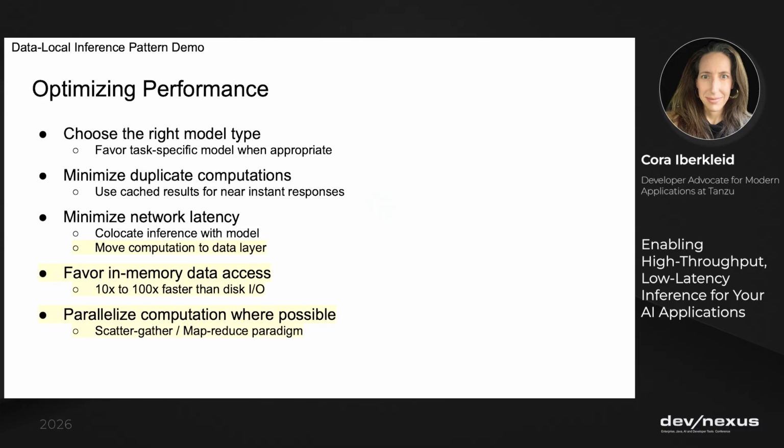So here we're seeing, in terms of the paradigms for optimizing performance, in addition to the ones that we already saw in case 1, we also have moving the computation to the data layer, which we're doing by running this function in Gemfire. We're favoring in-memory data access. So we could be doing this with a data platform that does disk access, but we don't want that, right? We want something that's not only the cache for the sentiment results, no disk access. So it's going to have also our product reviews in memory, right?